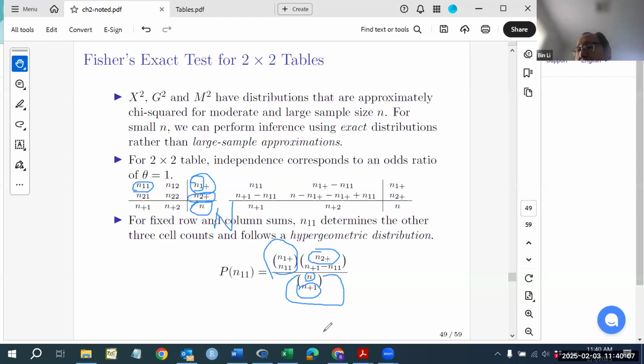So that's the Fisher's exact. This gives the probability of getting N11 given the row margins and column margins are fixed, from the hypergeometric distribution.